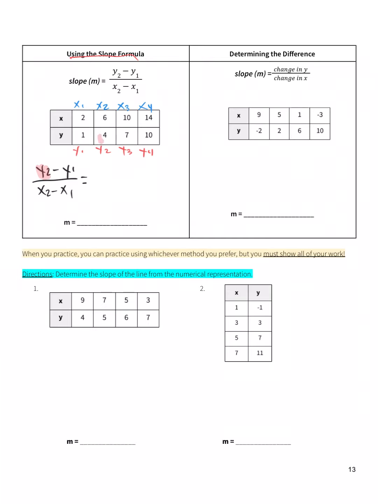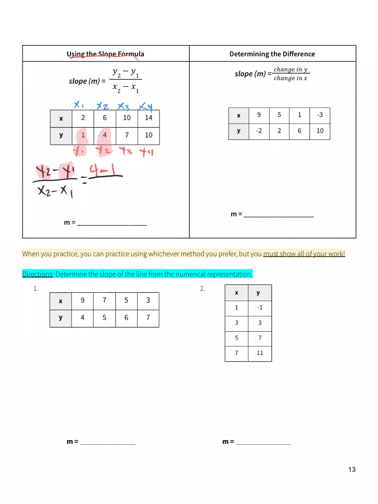Well, we already labeled that right here, y sub 2. So we are going to replace that first number with a 4. We're setting our formula up. We always know that we're subtracting. And our next step now is to find our y sub 1. Well, we labeled it already, y sub 1. And what is that? It is the number 1. So that is what our change in y over our change in x looks like.